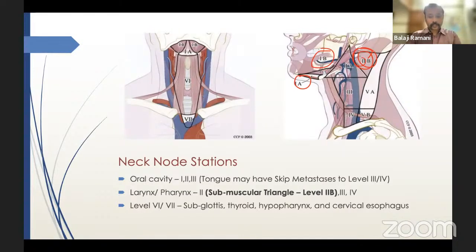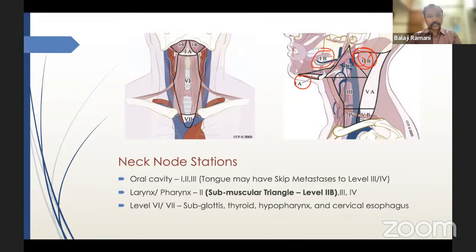N2 is contralateral or bilateral and less than or equal to 6 centimeter. Okay, and then you have your N3, which is greater than 6 centimeter. Anything which is more than 6 centimeter straight away goes into N3.